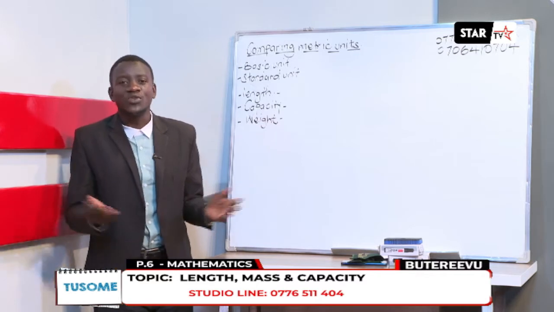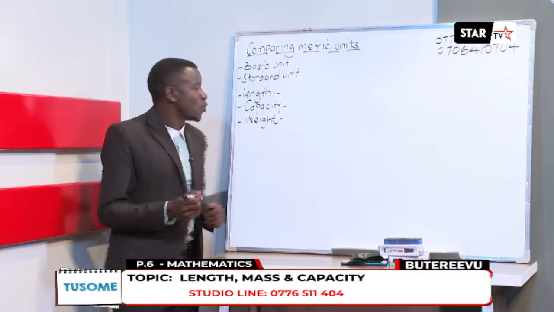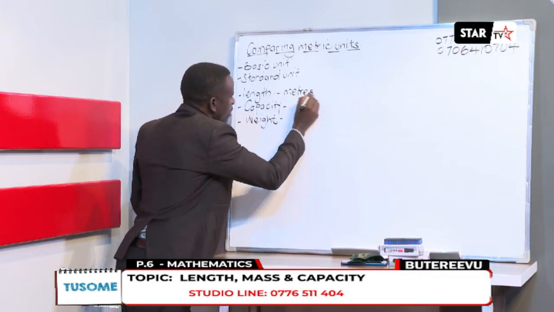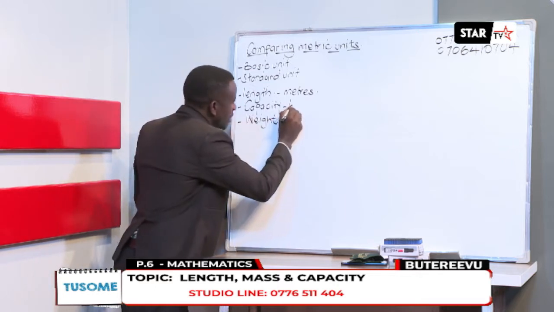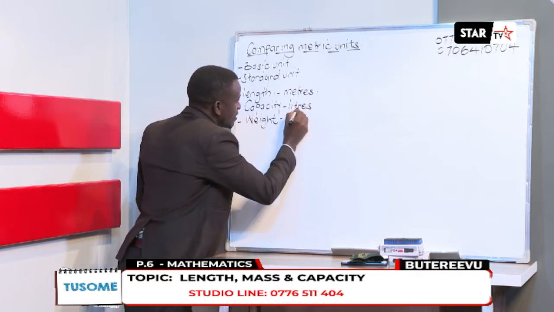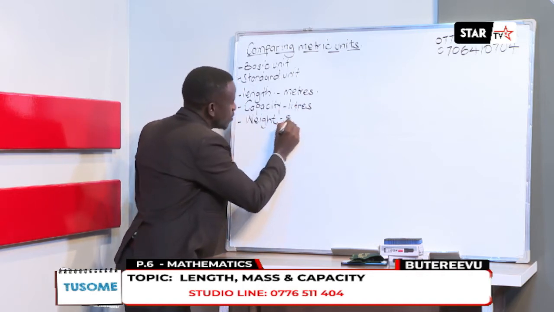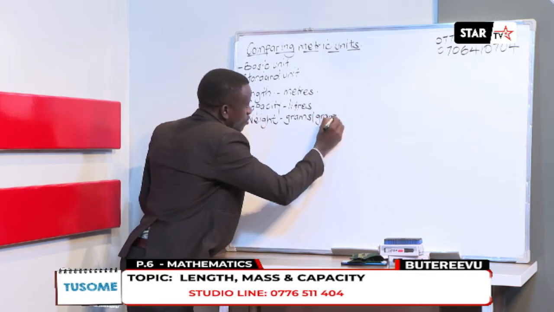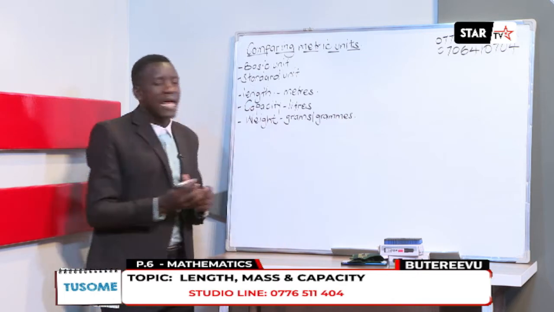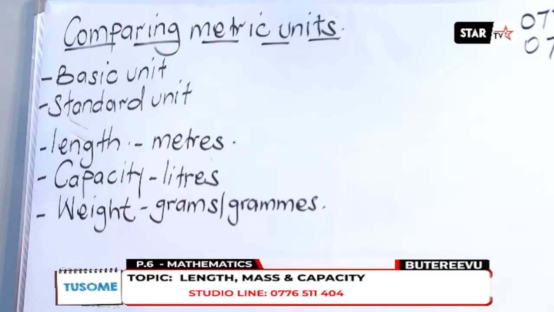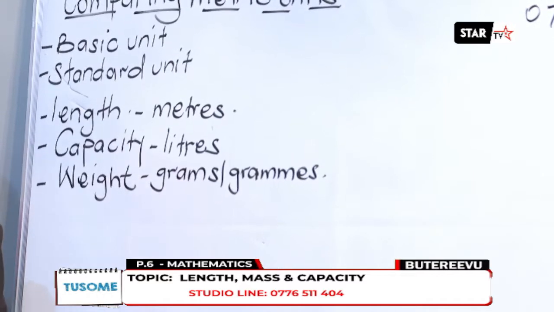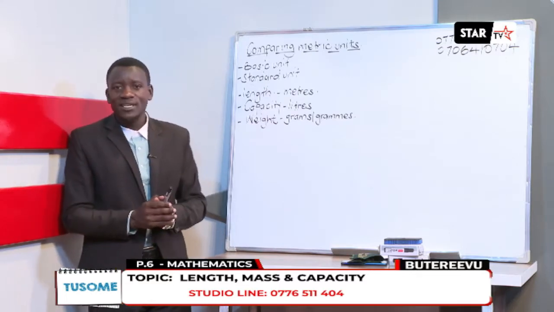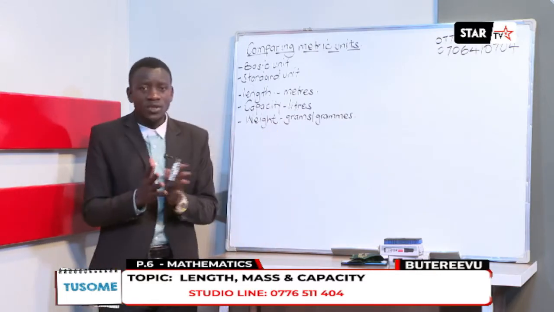We are going to look at the basic unit, which would be meters. Then for capacity, we shall deal with liters. Then for weight, we shall deal with grams. So these are the basic or standard units that other metric units are generated or determined from.